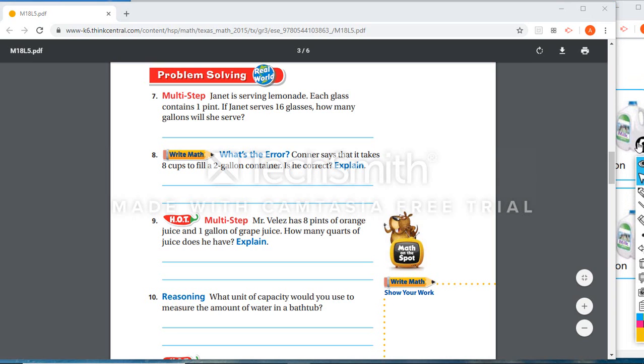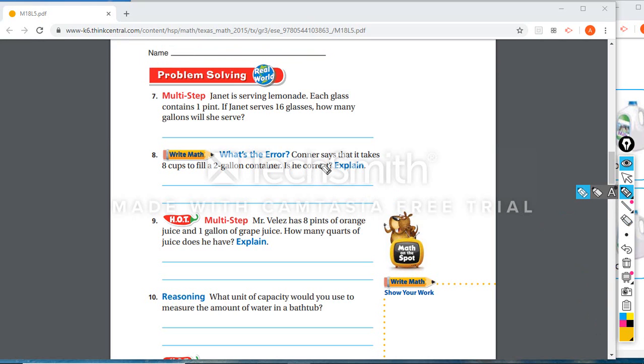So let's look at this one right here. And there's an error here. What's the error? Connor says that it takes 8 cups to fill a 2-gallon container. So I'm going from my smallest unit for capacity to my largest. Now I know from my chart that it takes 16 cups to make 1 gallon.